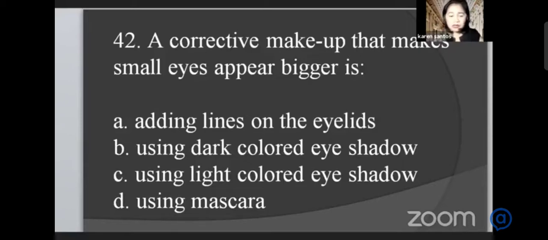When we use dark colored eyeshadow, it will make your eyes appear smaller. And when we use a light colored eyeshadow, of course, it will give you a natural or fresh look. And mascara, we use it for lifting and darkening our eyelashes.